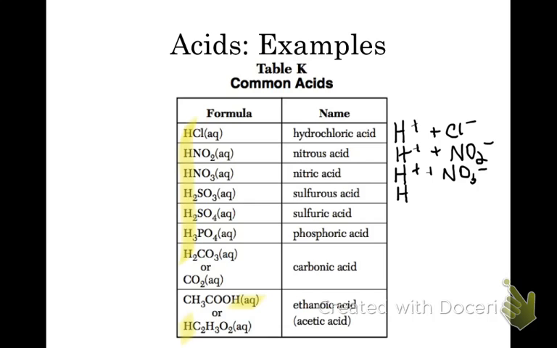That can actually have two ways of breaking up. It can be an H+ and an HSO3-, and then that eventually breaks up into another H+ and an SO3 2-. I could keep going on, but you can get the point that all of these acids will break up into solutions, so you'll end up having H+ as the positive ion.